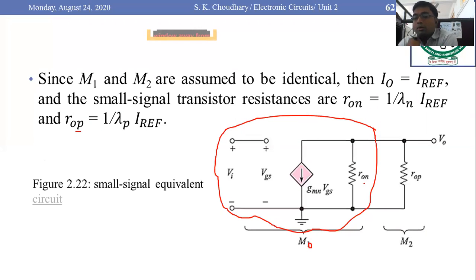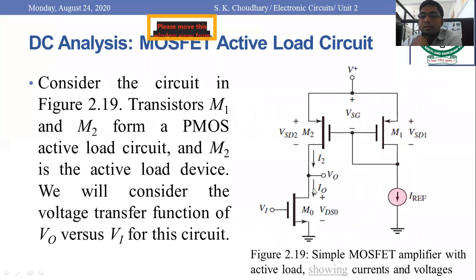And for the whole current mirror load, the output resistance would be ROP, which is in parallel, because of M2. So this is the small signal equivalent circuit of this current mirror load based MOSFET circuit. For M naught, we have a constant current source and R on, and for the load there is ROP.